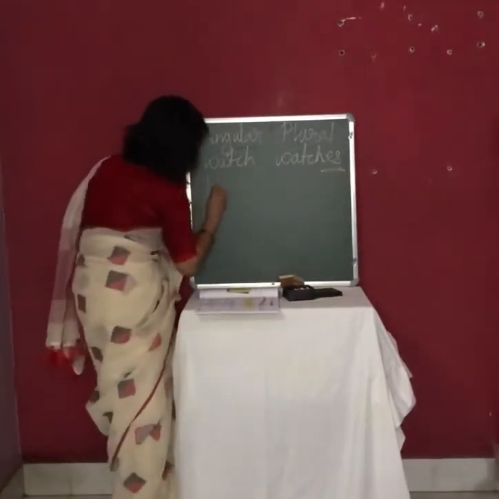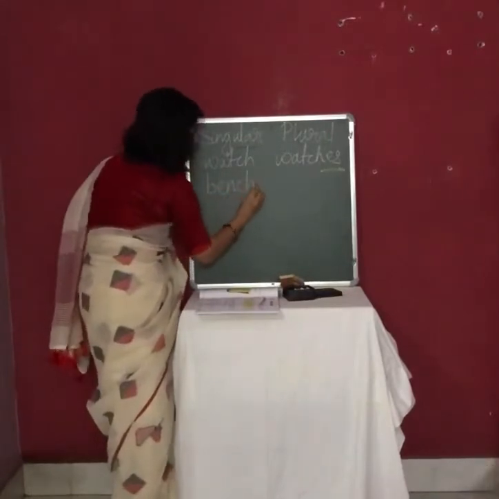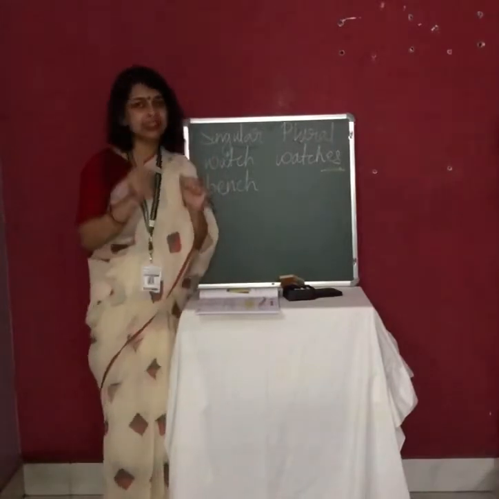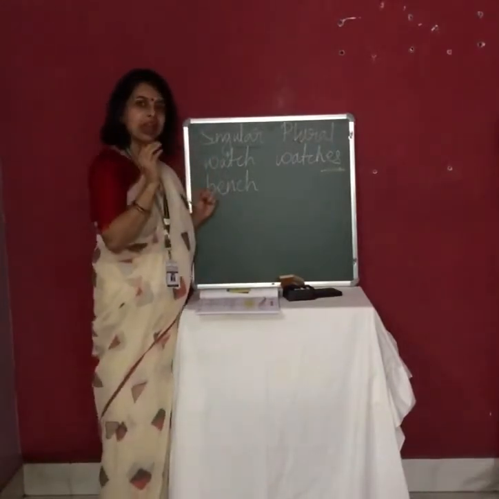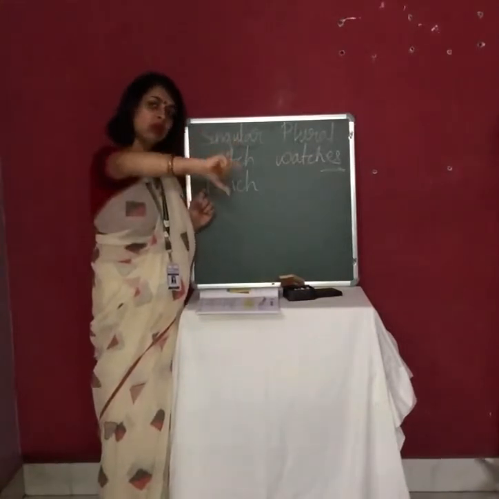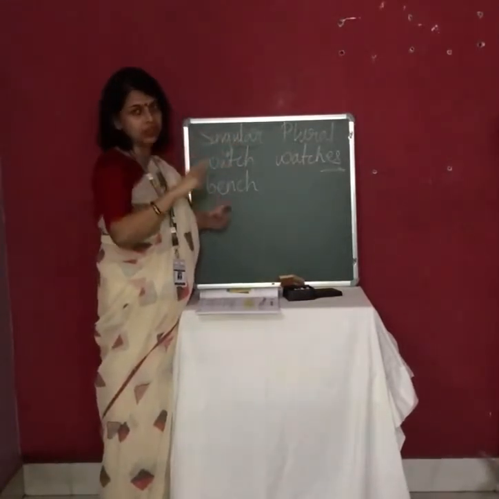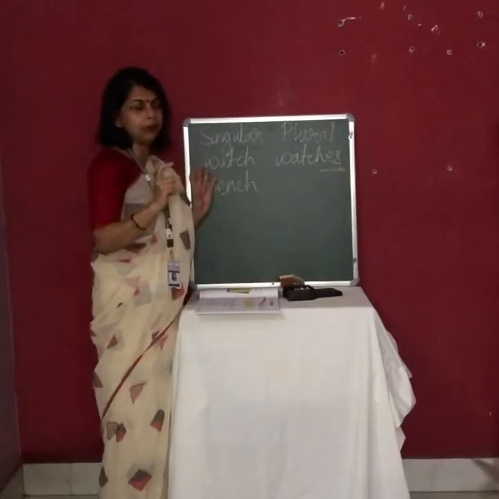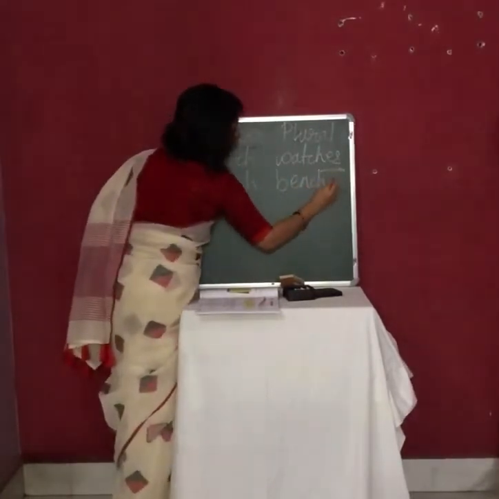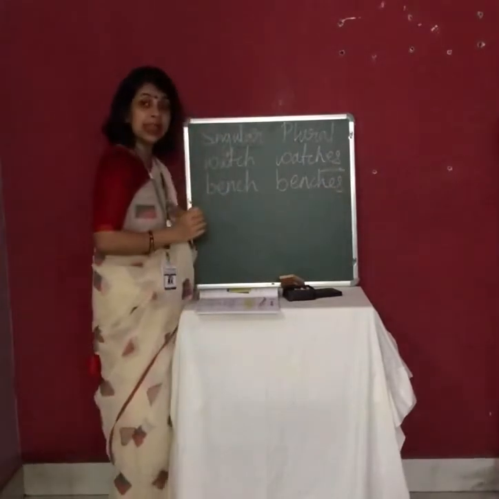Similarly, bench. Bench is that on which you sit in class. When we attend our classes in a classroom, they are called benches. Benches are those long chairs, not individual chairs, where 2 to 3 people can sit. So this also you will see changes by adding ES to it.